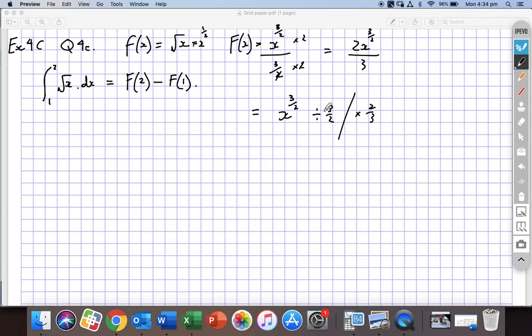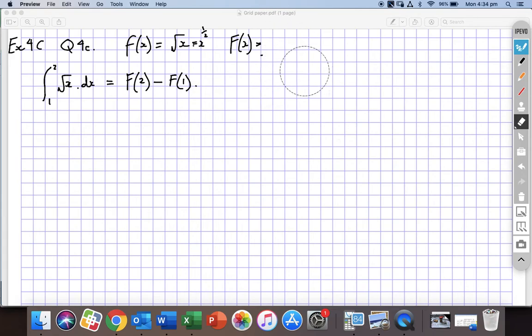When you're dividing by fractions, you can turn it into a multiplication as long as you take the reciprocal. And then you could just whack in the 2 on 3 right from the get-go. So you might prefer just to do that. We could go straight to the antiderivative that way. We could say it was 2/3 x to the power of 3 on 2. Okay?